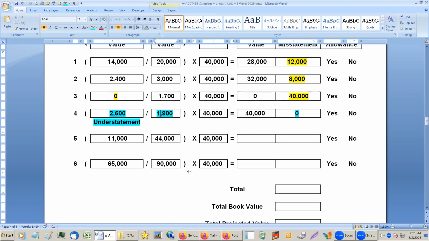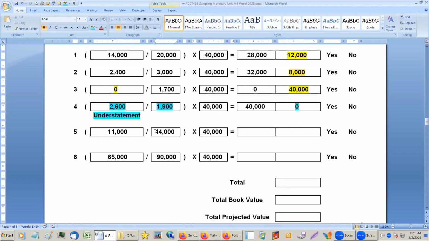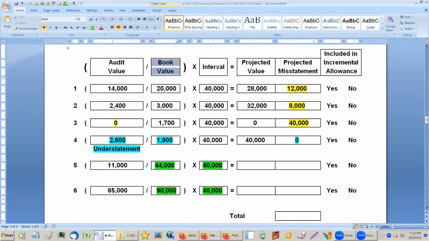Okay, down here, these last two are probably the most confusing of them. And these kind of both fall in the same category, so we're going to work them out both the same, but you'll notice that the book value is higher than the interval.